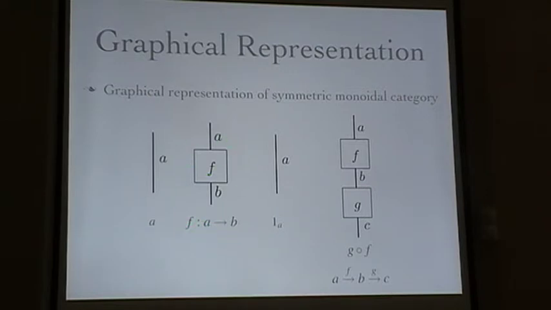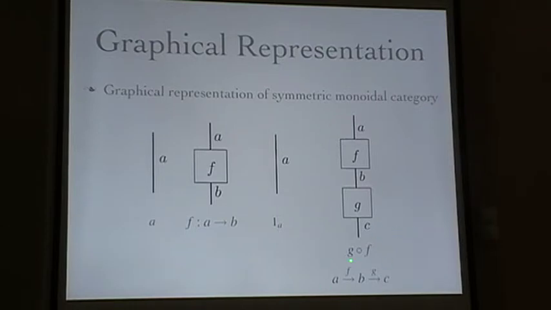We assume a flow from top to bottom, so we write the domain of an arrow on the upper side as an input line, and the codomain on the lower side as an output line. An identity arrow is written as a line of its object, and composition is expressed as a vertical connection.